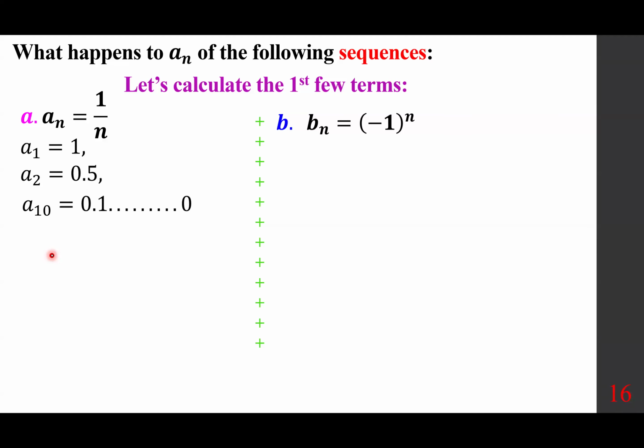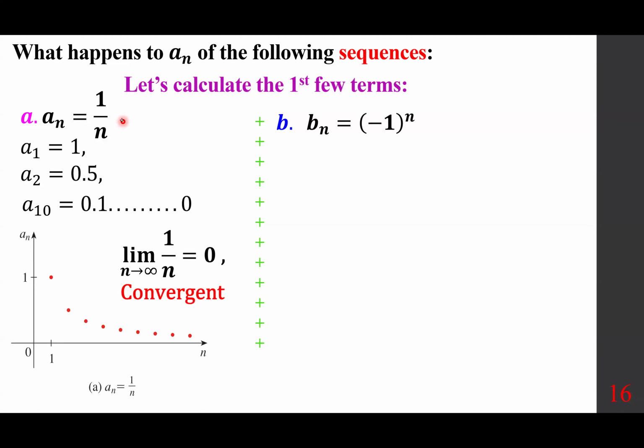So you can see that as n gets larger, 1 over n gets closer and closer to 0, and it's convergent. The answer is 0. If you were to plot that point by point, at x equals 1 it is 1. And by the way, the x and y don't have to have the same scale. So a sub n equals 1 over n, and eventually it becomes 0.